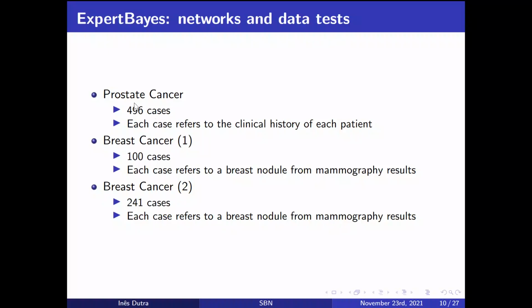And the first one, sorry, is prostate cancer. This network here, the prostate cancer network, the structure, was built by a medical doctor from a hospital in Chaves, I think, because Ana Sarabando was working in a hospital there, and she helped him to build the Bayesian network for the prostate cancer data that they had.